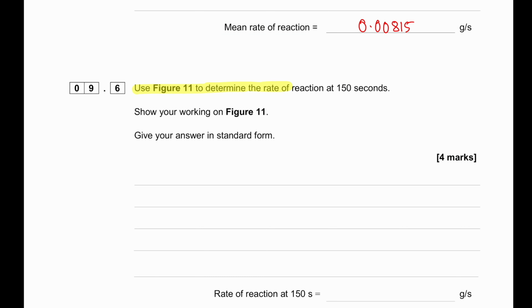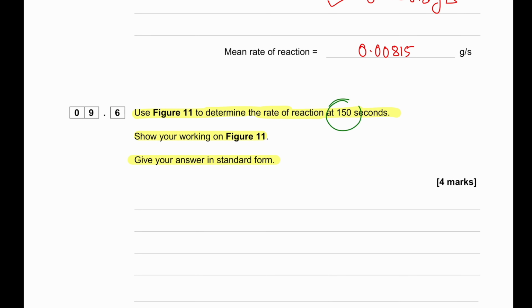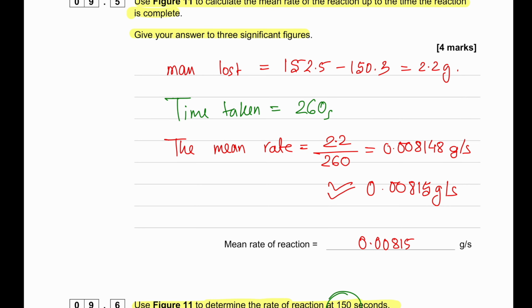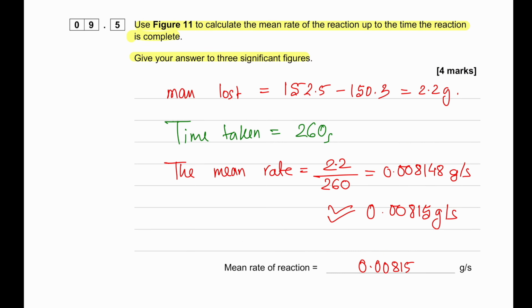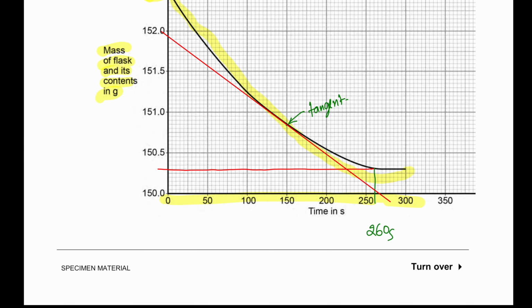Use figure 11 to determine the rate of reaction at 150 seconds. Show your working and give your answer in standard form. So at 150 seconds, we'll have to draw a tangent. Try to get it as correct as possible, otherwise the result will be a problem. To find the rate, we'll have to use the formula rise over run.